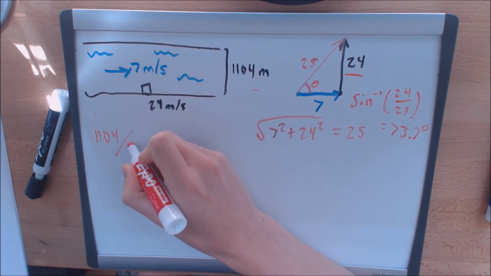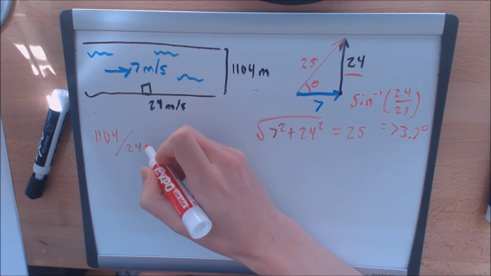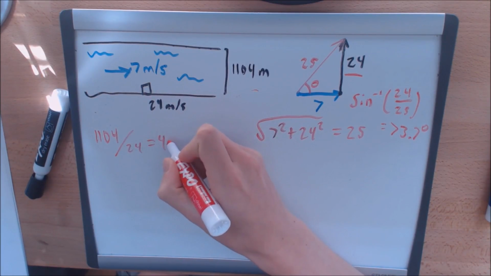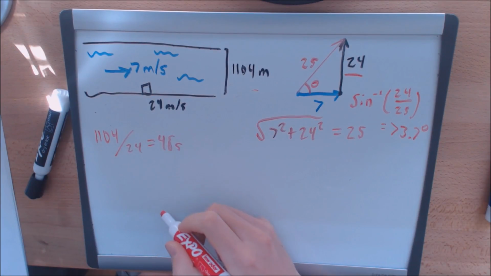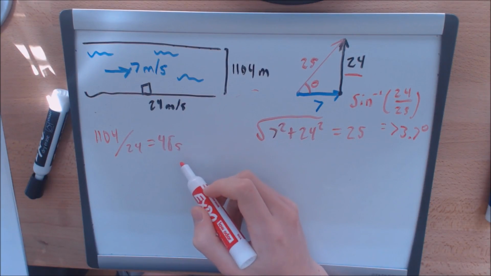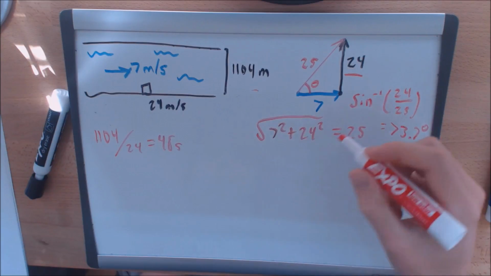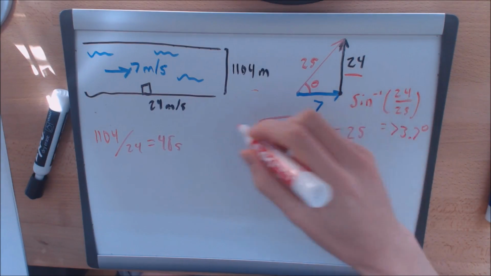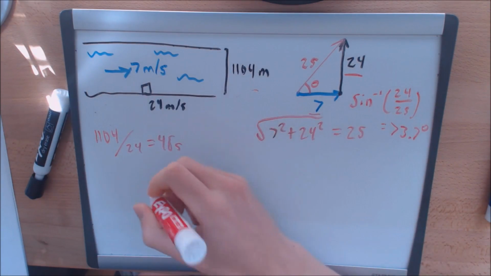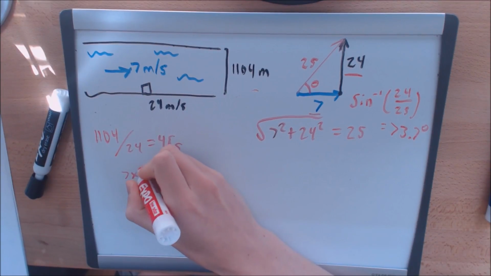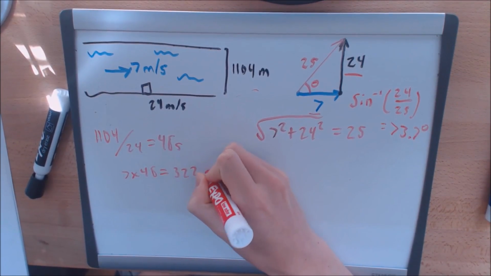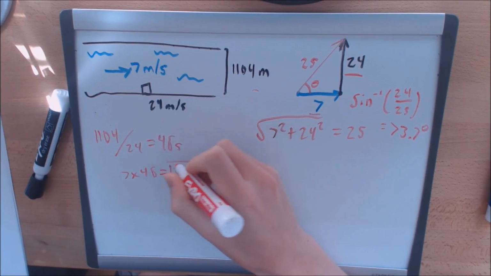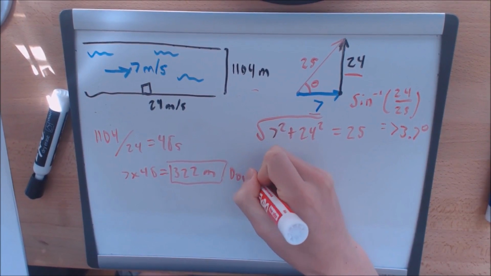So if we divide this by 24, we'll get 46 seconds, because this is meters per second and this is meters. So it's going to take 46 seconds to get across, and we're going 7 downshore per second. So 7 times 46 gives us 322 meters downshore.